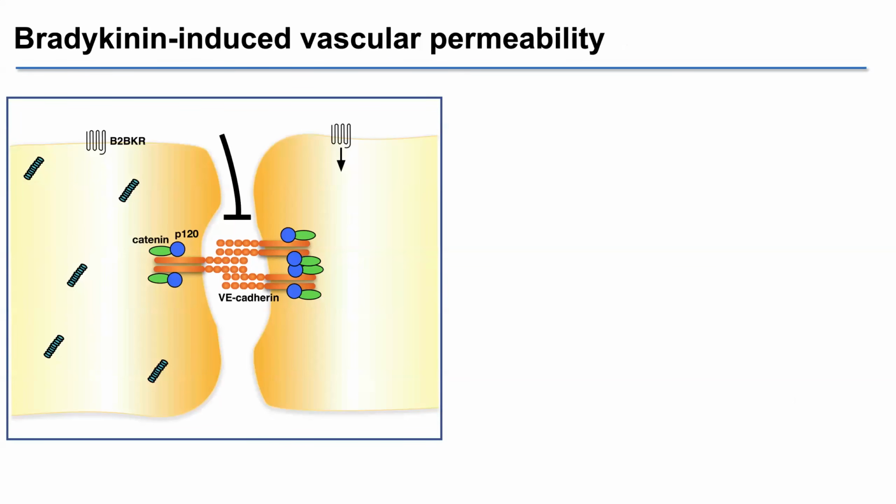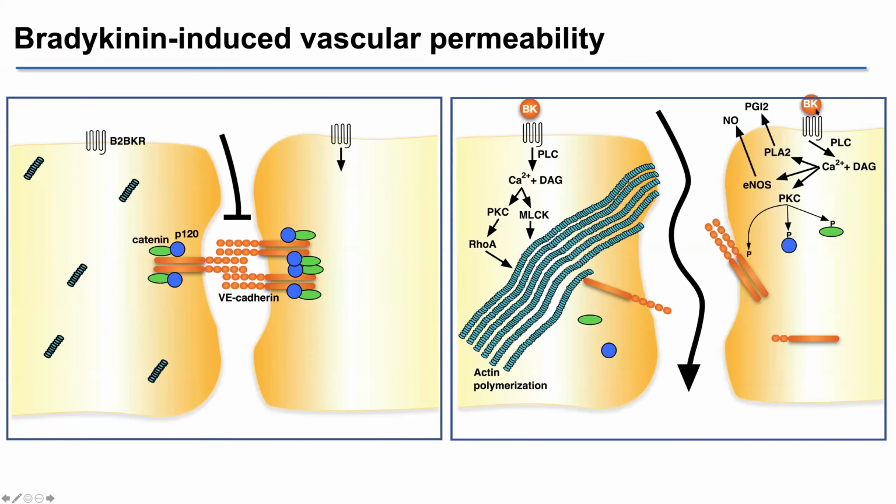So let me just show you how bradykinin actually increases permeability. Basically, in normal endothelial cells, permeability is maintained through something called the adherens junction, which is primarily mediated by VE cadherin. When you add bradykinin to the system, two things happen. Number one, you phosphorylate VE cadherin through signaling from a bradykinin receptor, and that leads to cleavage and internalization of VE cadherin, which removes this barrier.